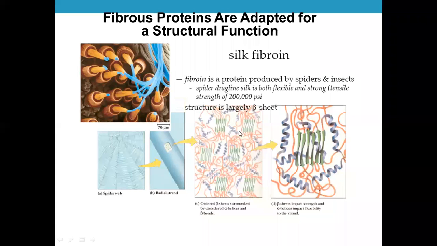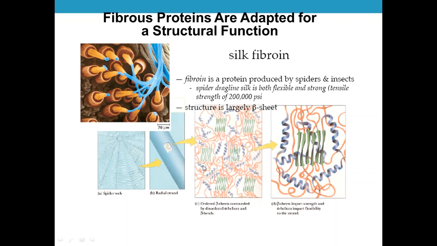Its structure is largely beta sheets. Looking at a radial strand of the spider web, what's in there is mostly beta sheets, but you can still see some parts that are alpha helix.